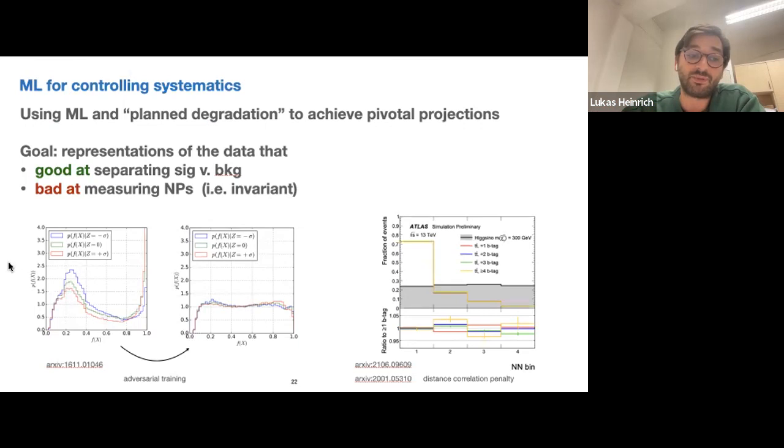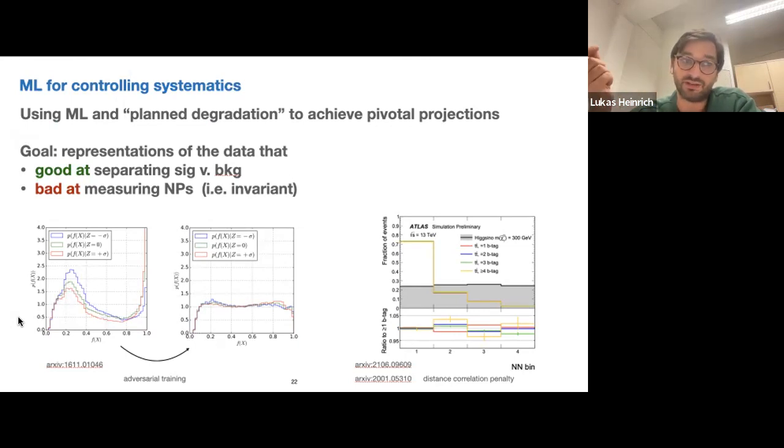Here's an example where you can find representations of the data where, if you run the simulator at certain parameter points and you plot the sampling distributions of a specific low dimensional representation of the data, typically, if the simulator was run with different parameters, that sampling distribution might look different.